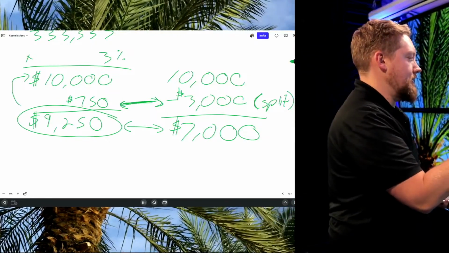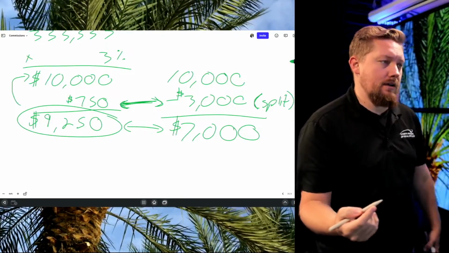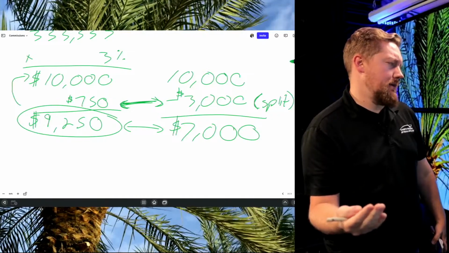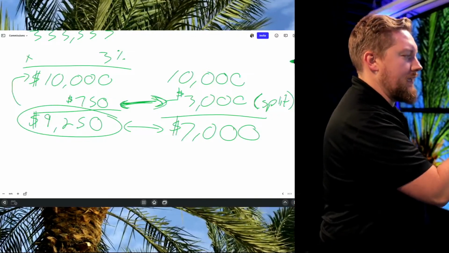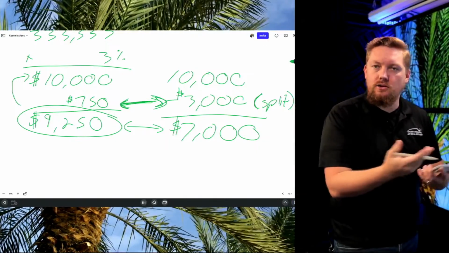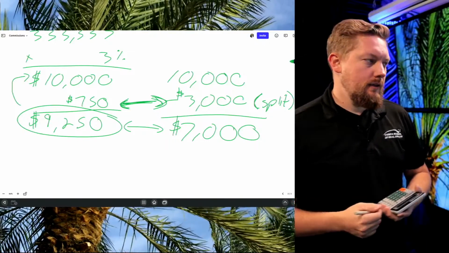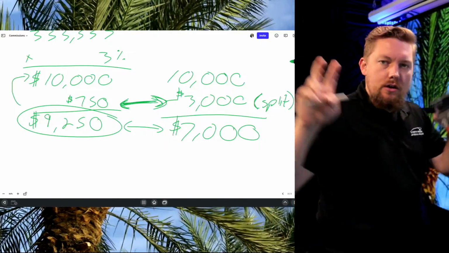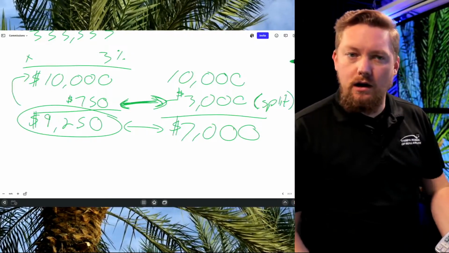$750 to $3,000, we're talking over 3 times as much, about 4 times as much in terms of what that $3,000 equals compared to $750 worth of transaction fees and cost at your 100% model. And so it seems like you're paying more, which, if you want to call it that, you are.